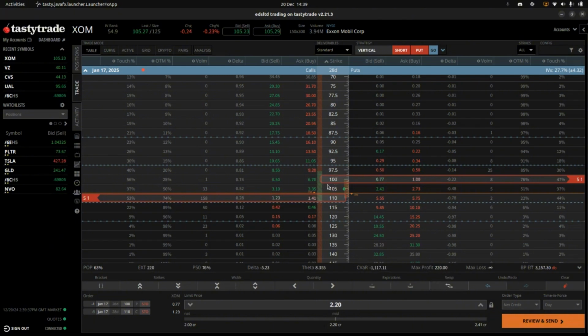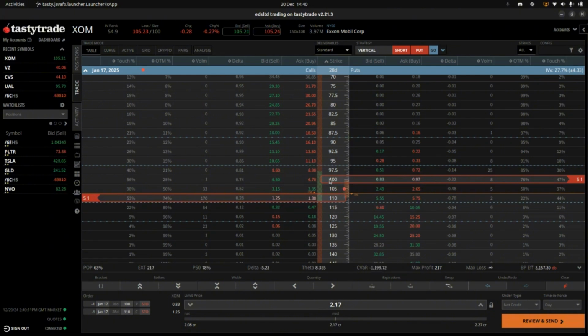Now, if we take a look at the put side, our break even is below 100. So if market moves below 100, we're not immediately in a loss because we have the premium that we collected up front. It's like a hidden edge that we have. So our break even would be 100 minus $2.17, so whatever that works out to be, $97.82 or something like that.